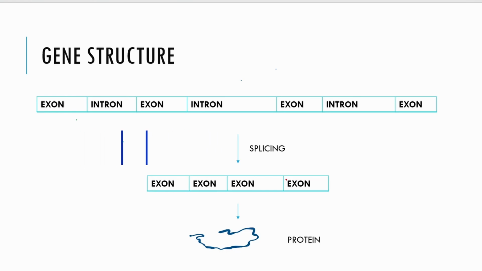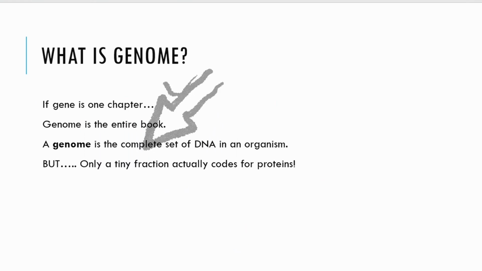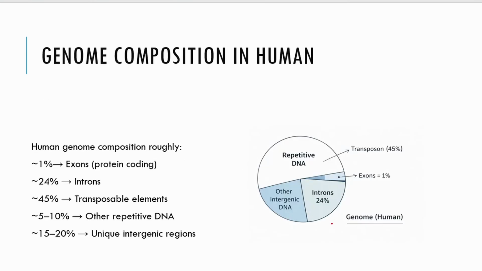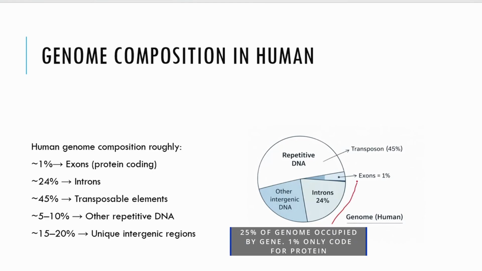Now what is a genome? Let's zoom out. A genome is the complete set of DNA in an organism. If a gene is one chapter, then the genome is the entire book. In humans, there are around 20,000 protein coding genes. But do you know what is the most shocking part? Only a teeny fraction actually codes for protein.